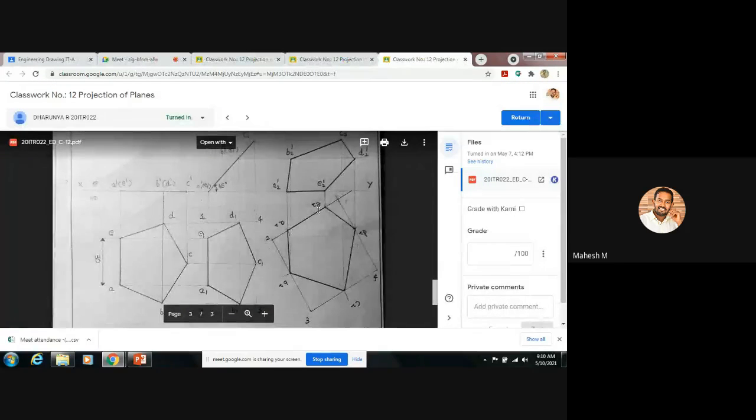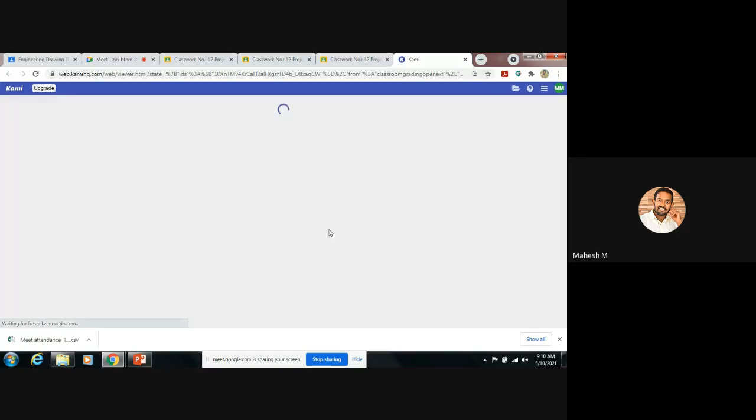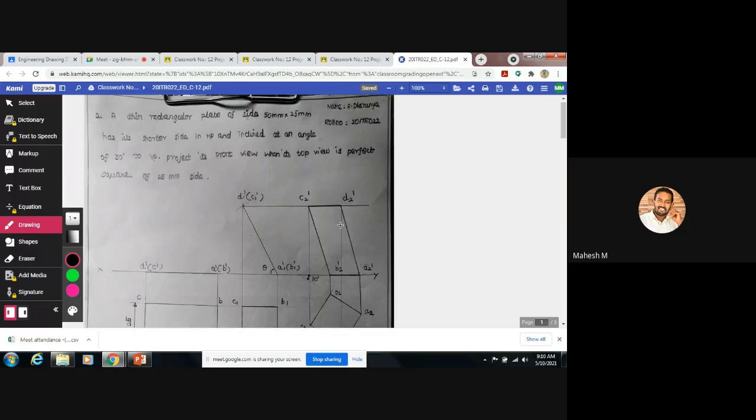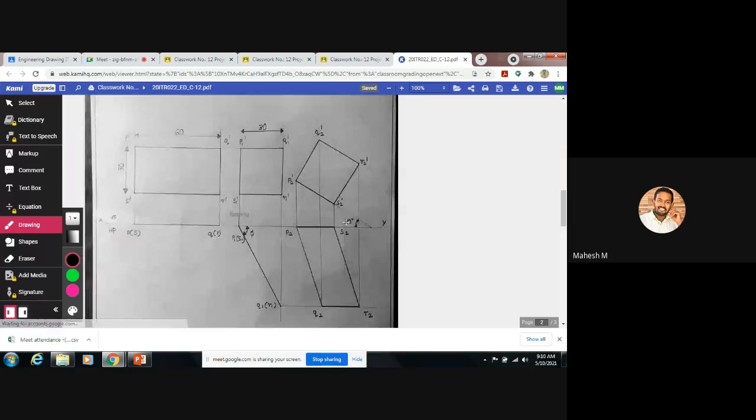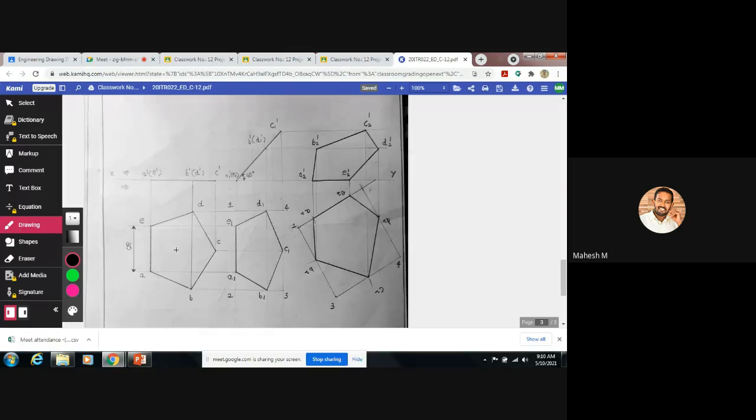And next one, so this one is totally wrong. So this diagram, the first diagram is correct and the second one is right and third one is right and fourth one is also right.